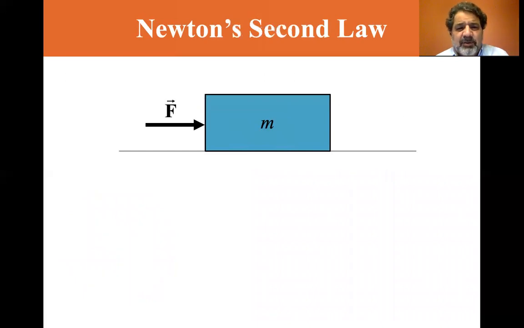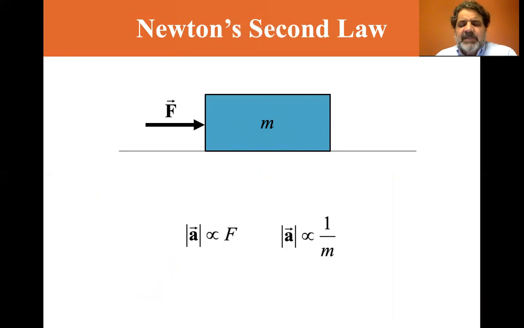Now we're going to get on to Newton's second law. If you apply a force to a mass, the acceleration of the mass is proportional to the force. So if you apply more force, you get more acceleration.